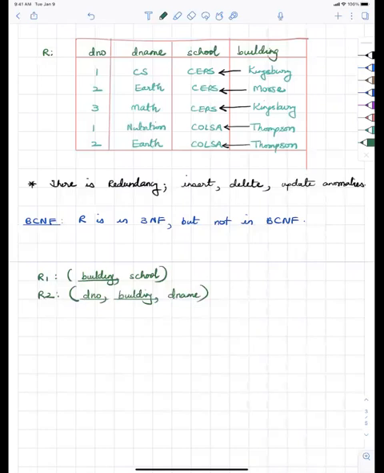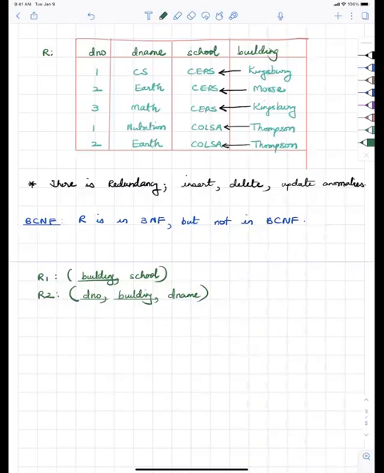So this is the way you would actually divide it. The original R is not in Boyce-Codd normal form. So you could do it as R1 is building to school, and R2 is D number, building, and D name. In this case, you have two different tables, and there is no redundancy or anything in these two tables. So actually, these two tables are in Boyce-Codd normal form.